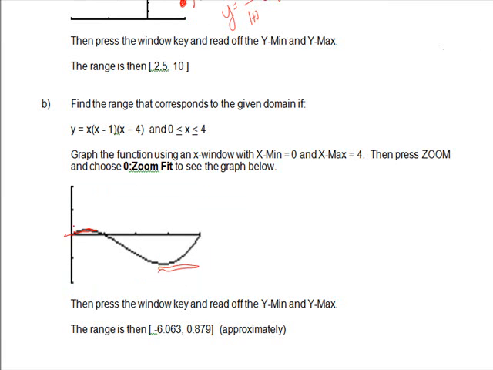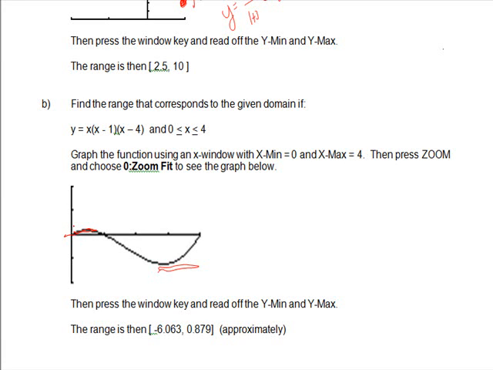So really at this point the textbook's looking for approximate values, so you could use your trace key. Some of you are probably familiar with doing the min and the max on your calculator, using that off of the calc menu. So you could go and do that. At this point, really the textbook is just asking you to do your best to use the trace key and get the best values that you can.